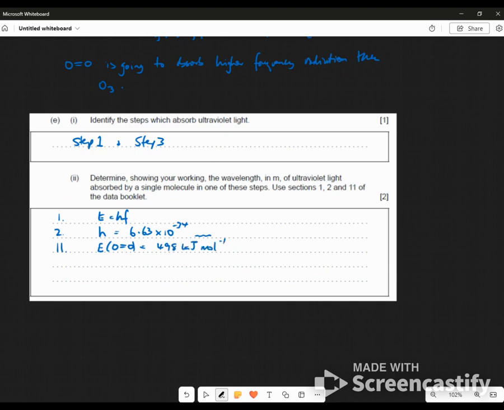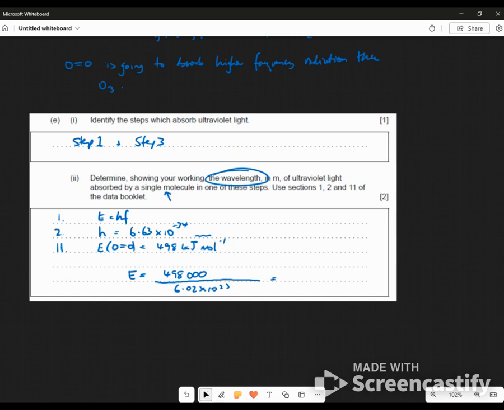Using that, we've got to give the wavelength of ultraviolet light absorbed by a single molecule. So the energy absorbed is going to be 498,000 joules. Now, that's for a mole, so let's give them one molecule. Divide that by Avogadro's number, 6.02 times 10 to the 23.